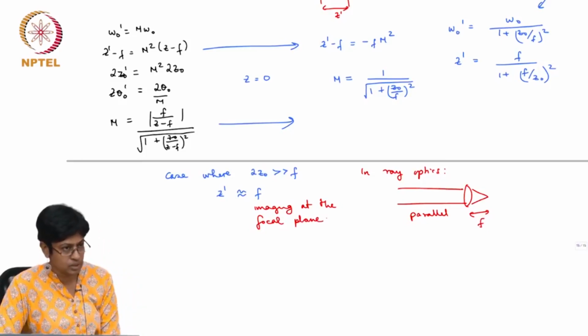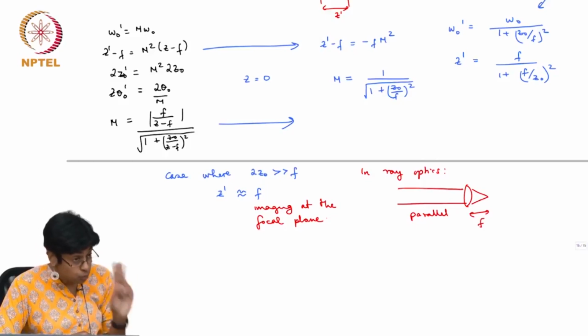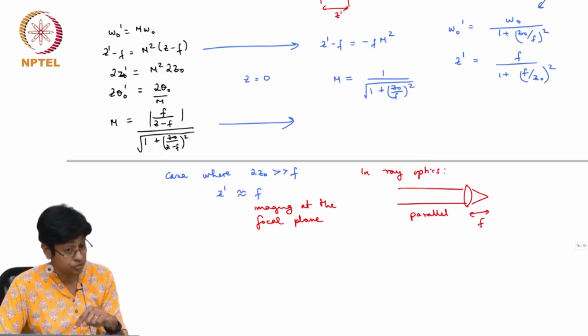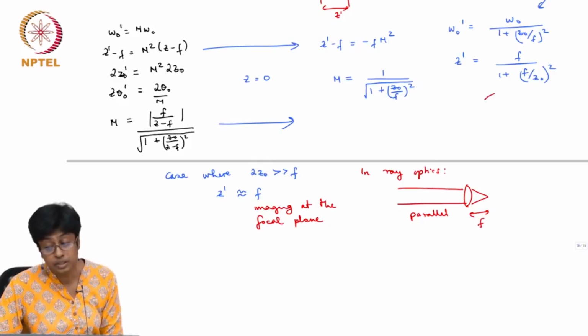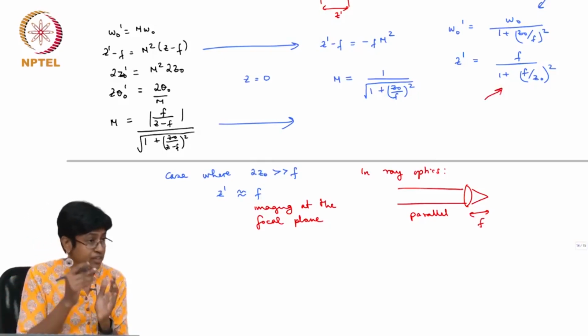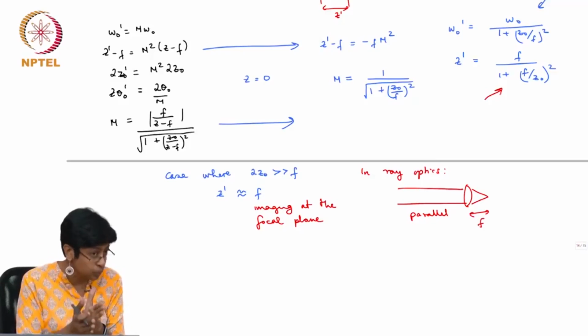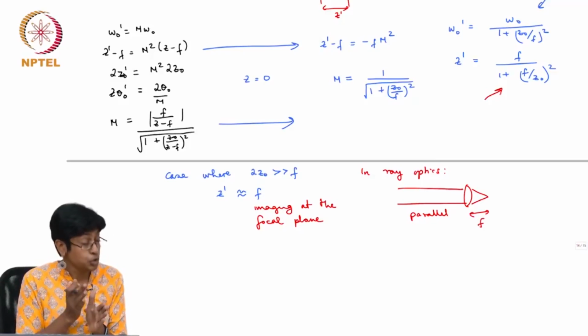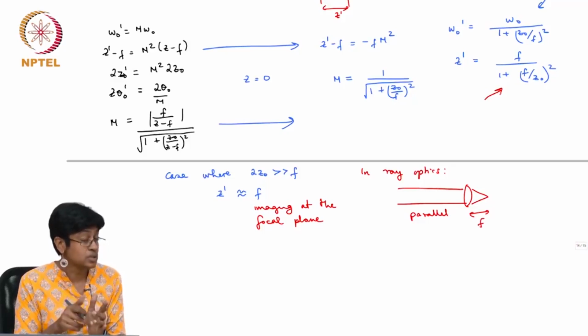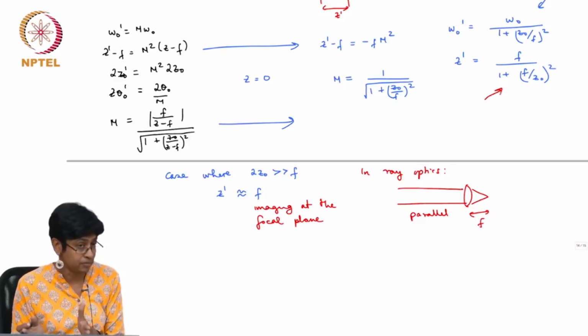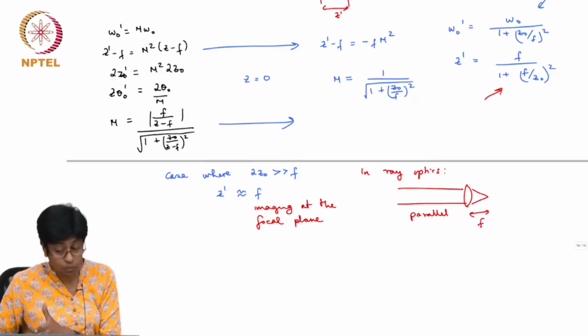But it's for a Gaussian beam, and there are actually 2 points you have to consider here. So don't forget, this equation was arrived at by saying you have kept the lens at the waist. So you know that at the waist is when the Gaussian beam acts like a plane wave. So you have a plane wave.